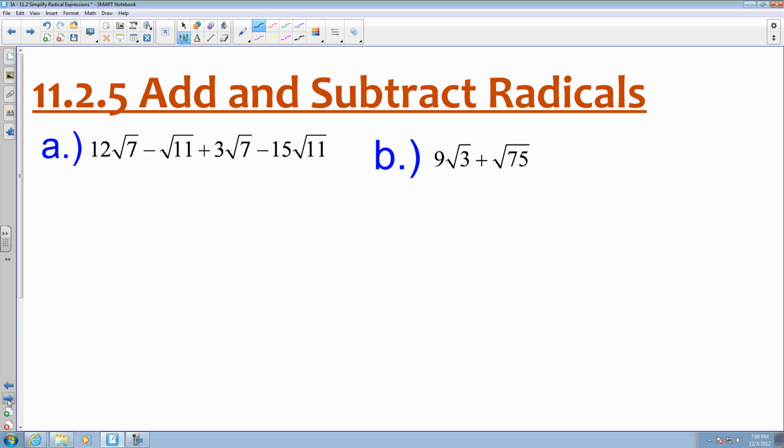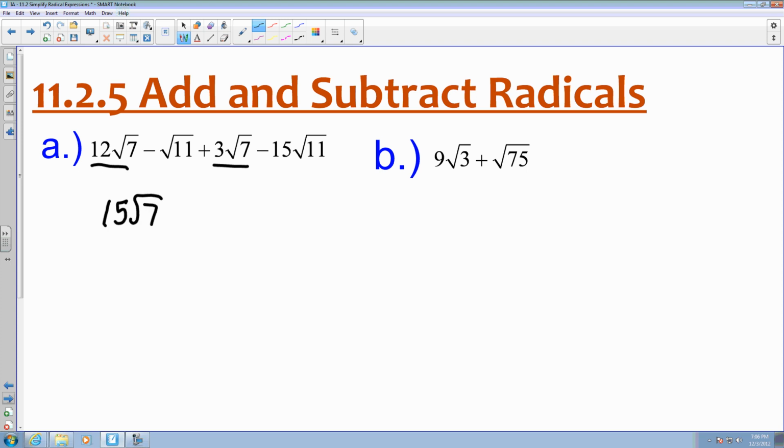Next, let's try to add and subtract radicals. Very similar to adding variables together, you can only add radicals that have the same square root. For instance, if we look at example A, I can only add or subtract 12 times the square root of 7 with my 3 times the square root of 7, which gives me 15 times the square root of 7.